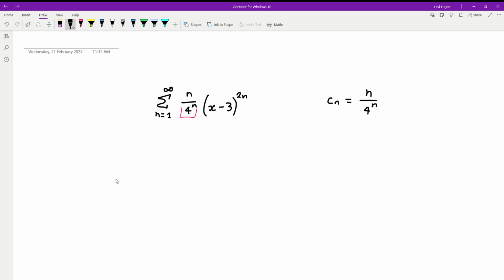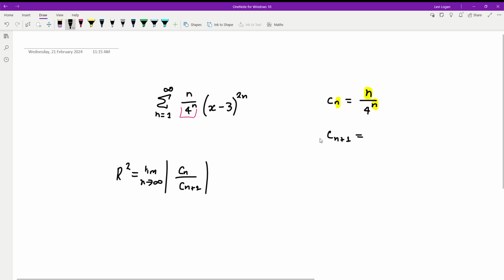To work out the radius of convergence, the radius of convergence squared is equal to the limit as n goes to infinity of the absolute value of c n divided by c n plus 1. What that means is, if that's c of n, then c of n plus 1 replaces every n with an n plus 1.